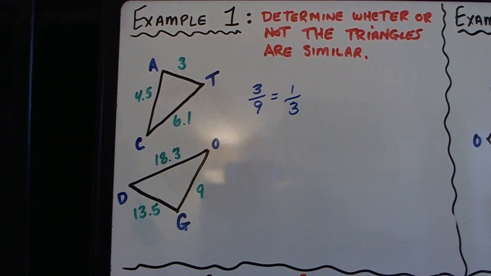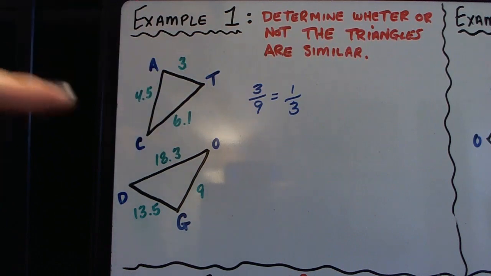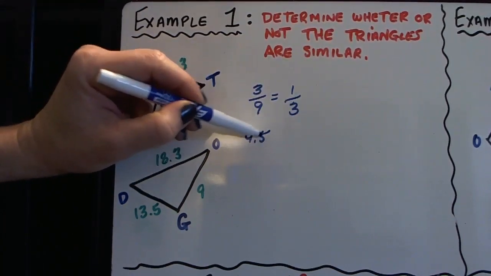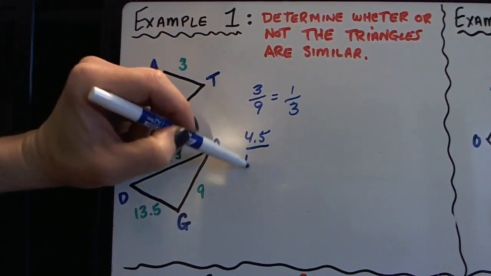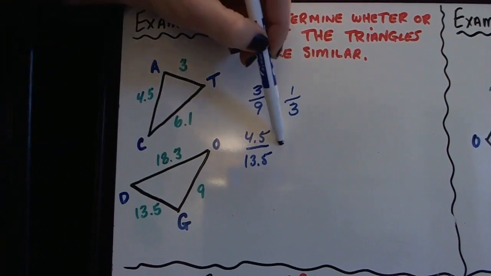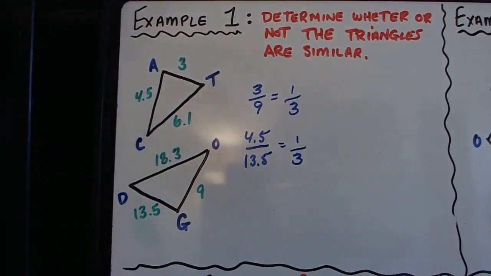Now, if I take the medium side of this triangle with the medium side length of this triangle, I'm doing 4.5 divided by 13.5, and when you divide that, it also reduces to 1/3.